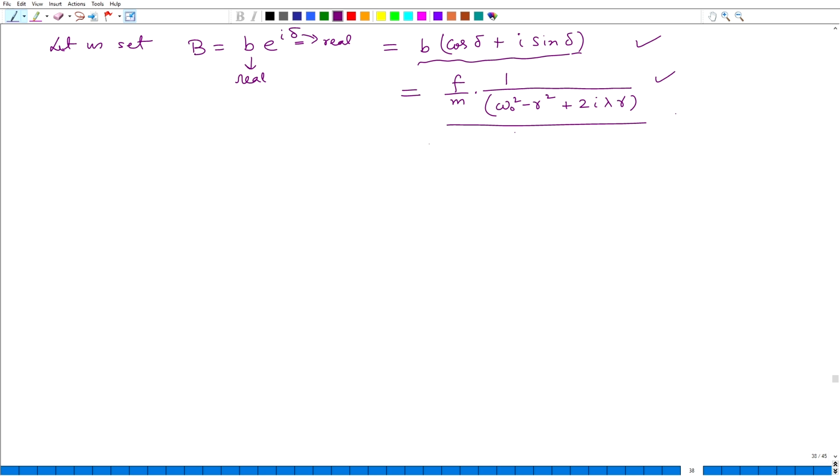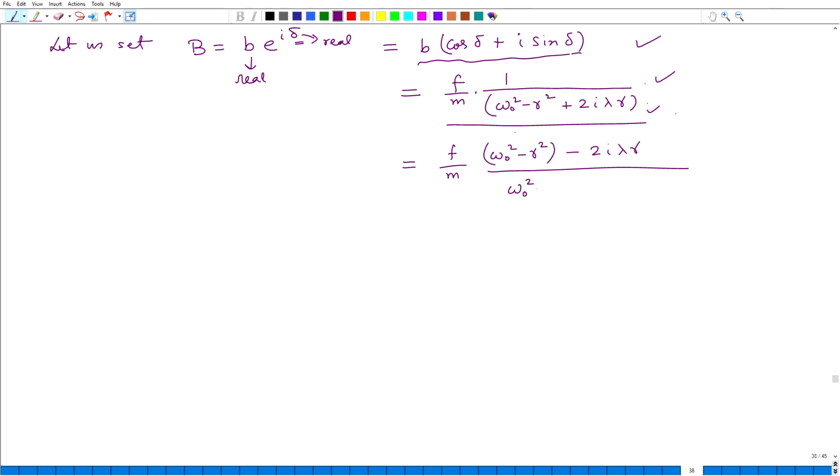So, the most common thing we do, we write it like this: (ω0² − γ² − 2iλγ) divided by, I just multiply the denominator and the numerator by the complex conjugate of this thing, so that the denominator becomes real. So, what will this be?